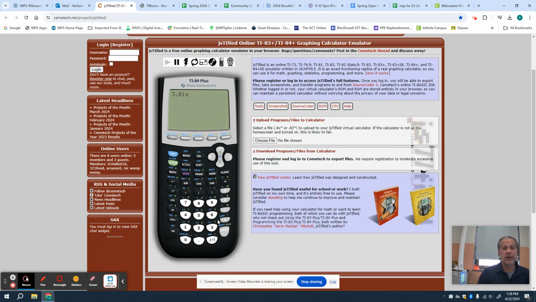That's going to give you the letter E, whether it's on the calculator that I have in front of you, or this here. So see how it says 3.01E. At that point, you would just type 22.